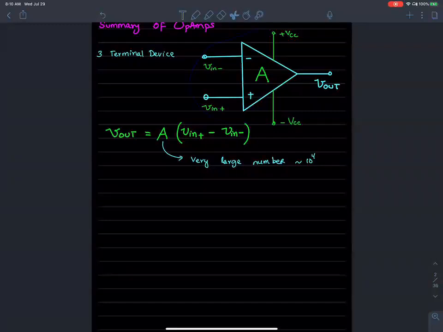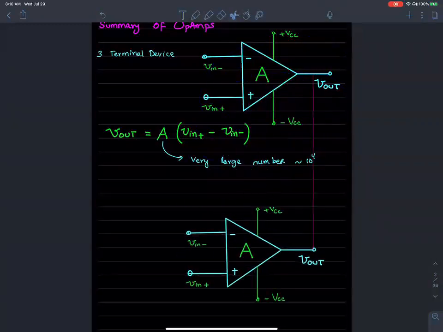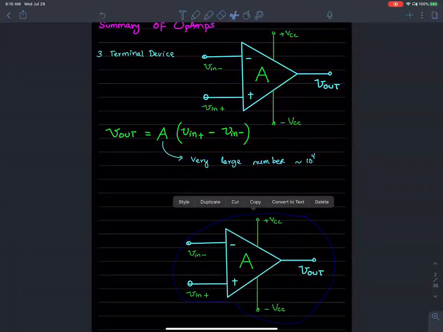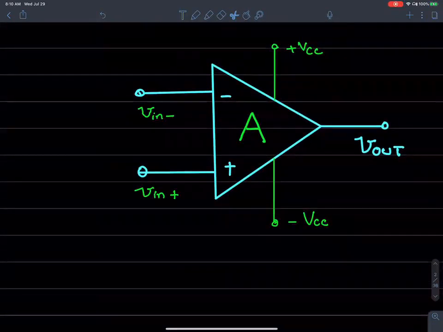Questions so far, please. It's a simple idea. What an op-amp does is simply looks at the difference between the input terminals and then amplifies them. Okay, so I'll give you an idea. Let's say this number is 5, this number is 1, and the gain value is 10 to the 4.